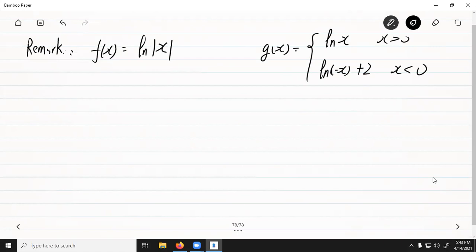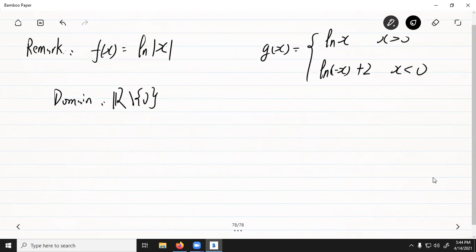They are even different. The domain for both functions is R except 0, so this is not an interval, right?